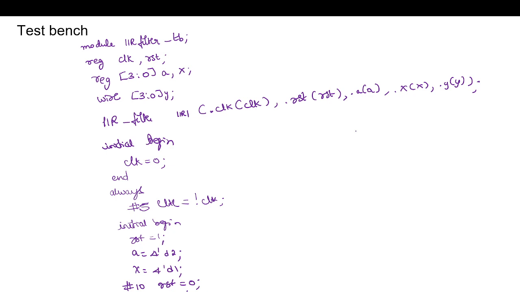So what is the IIR filter function? A into y of n minus 1 plus x of n. So for us A is 2 and then x is 1.